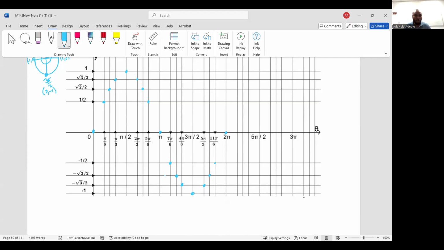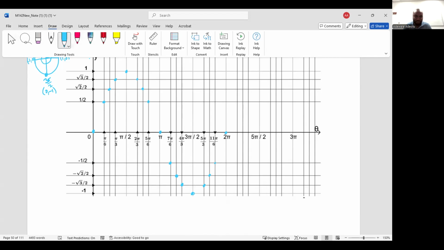Now, what we have here is the third and the fourth quadrant. So let us see what we have.